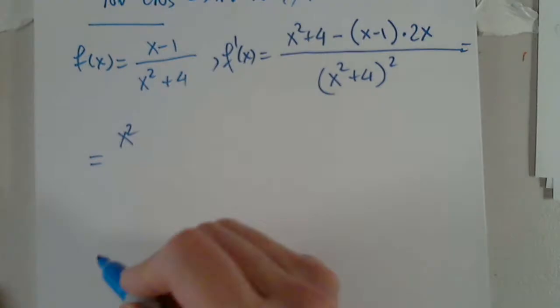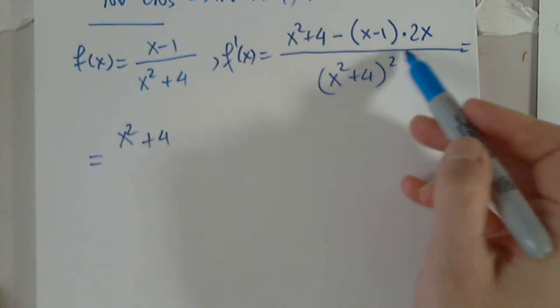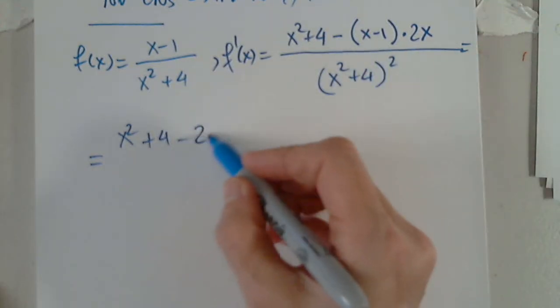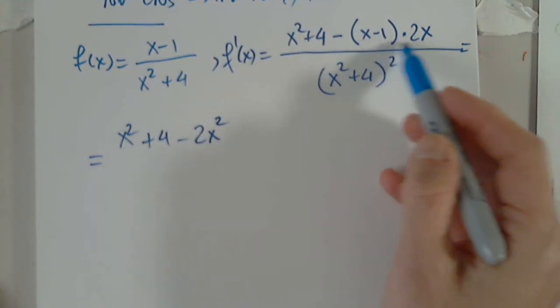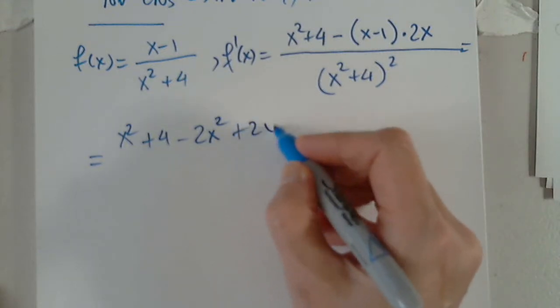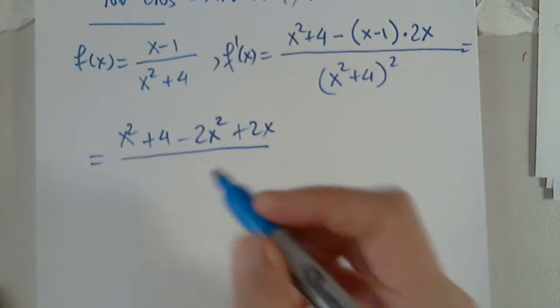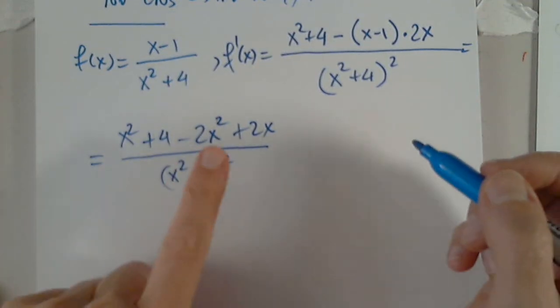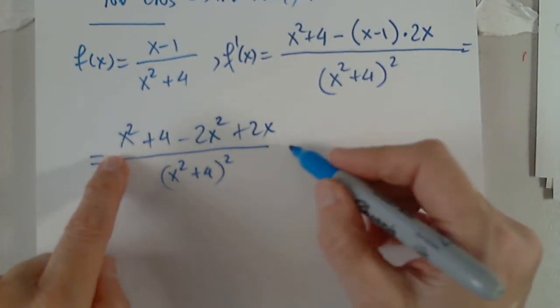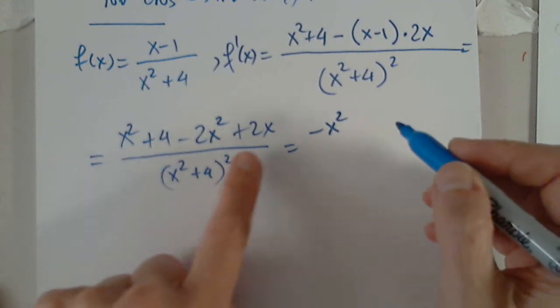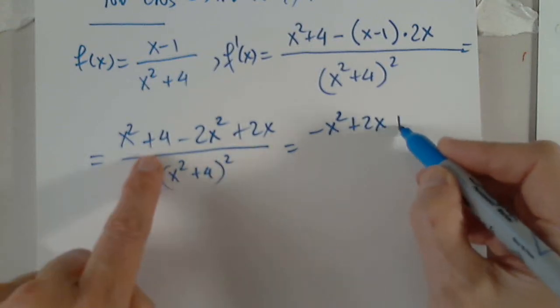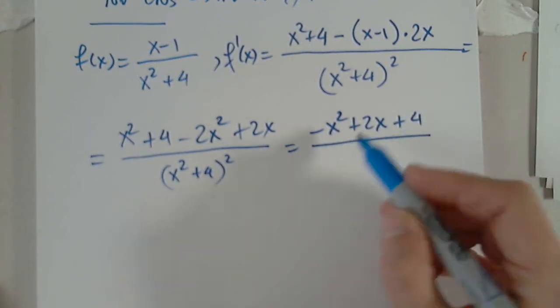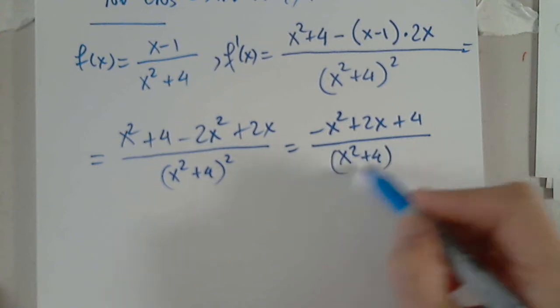So x squared plus 4 minus 2x squared plus 2x, everything over x squared plus 4 squared. Negative x squared plus 2x plus 4 over x squared plus 4 squared.